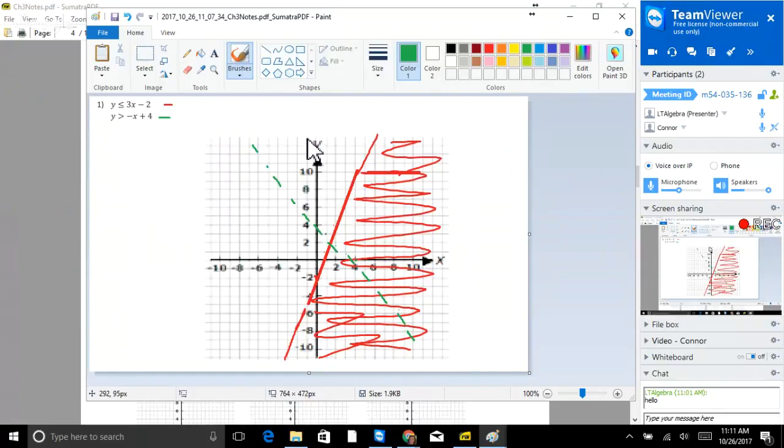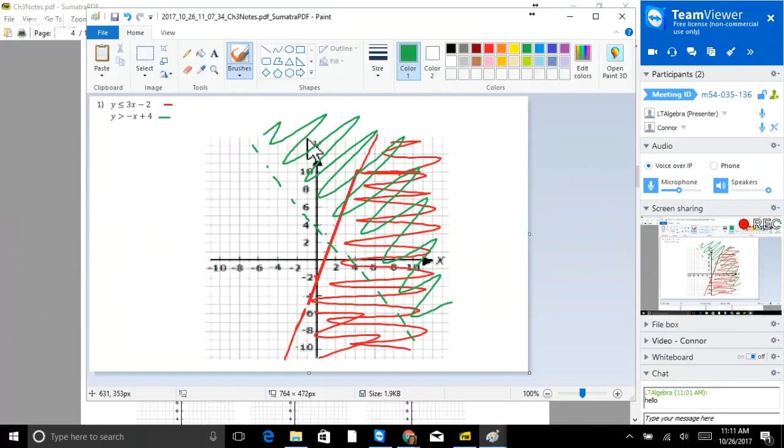Again, with the shading, I look at 0, 0. If I plug that in, 0 is greater than 4. That is not true. So up here is where I would shade in. Okay. So now what does that mean for my actual solution to my equation?